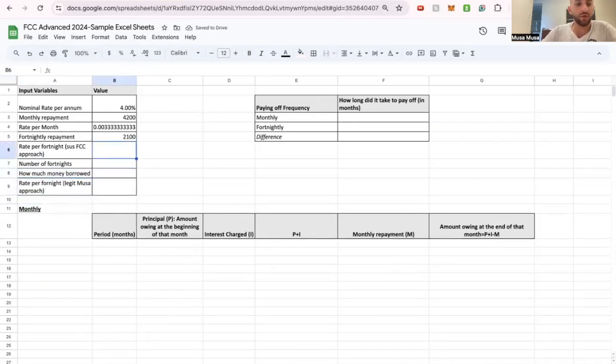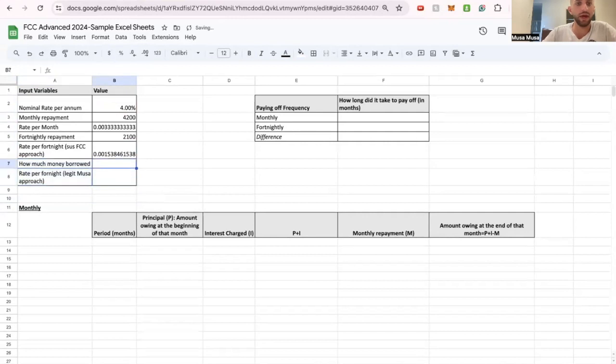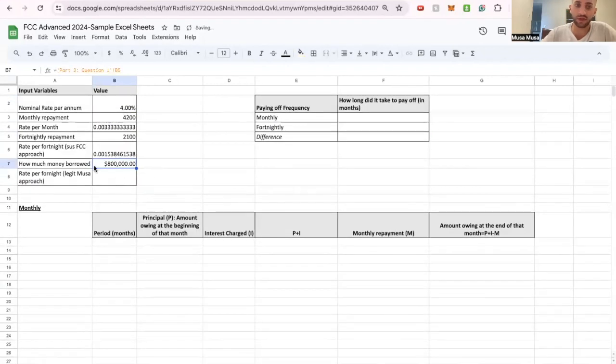So the rate per fortnight, the SUS FCC approach, is to just take 4% and divide it by 26. And we get that. Now the number of fortnights is actually not really relevant, so we can get rid of that. How much money borrowed? Well, we can't change this. This is going to be the same number as 800,000. So equals, and then we can just click that number.